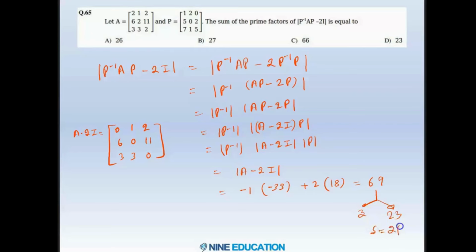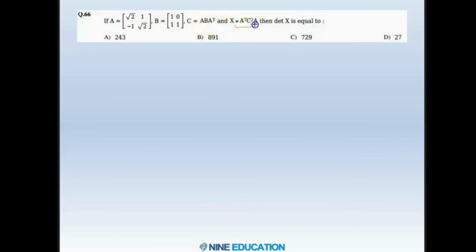A. Question number 66: if A is a given matrix, B is another given matrix, then C is the matrix A into matrix B into A transpose, and X is another matrix given by the multiplication of A transpose into C square into A, then determinant of X is equal to. Alright, so let's suppose I take the determinant of matrix C, then it will be determinant of A B A transpose.